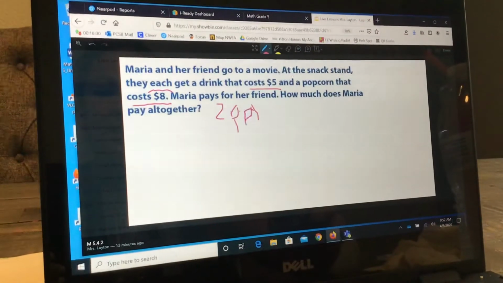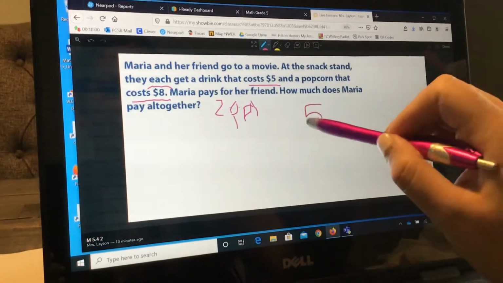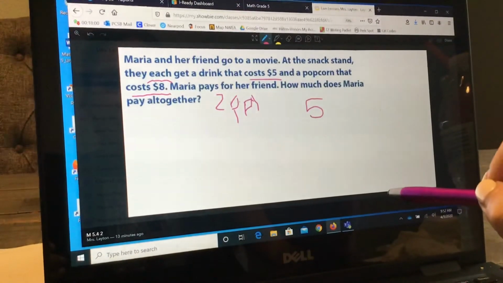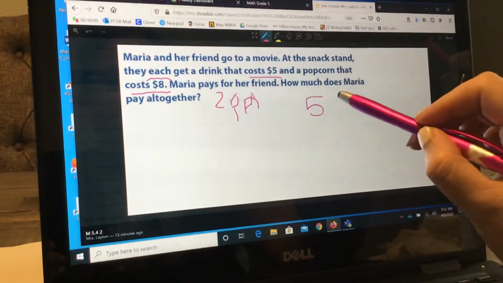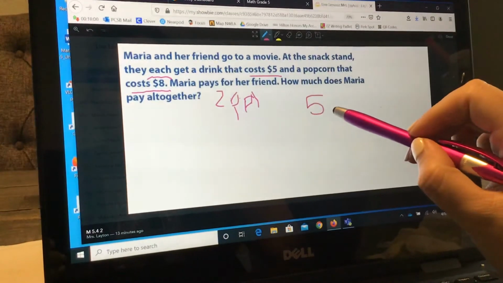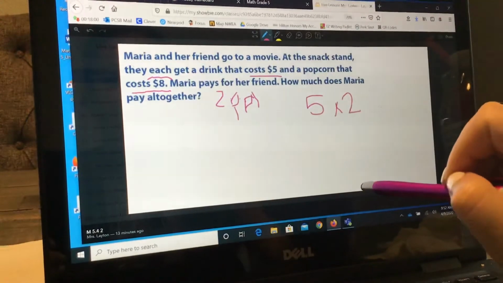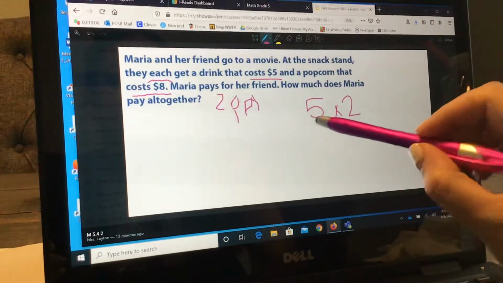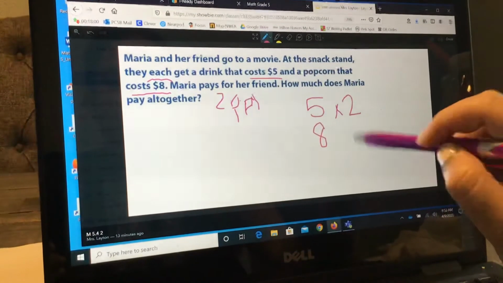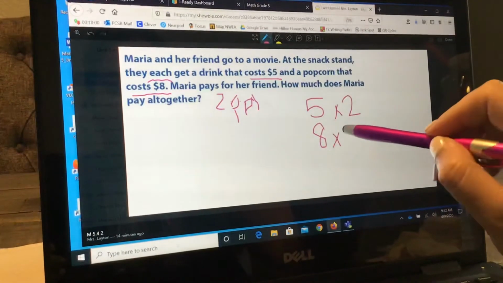So Maria gets a $5, right, drink, and so does her friend. So technically, we know that we have to do 5, right, 2 times. And they got a popcorn, each of them, $8 for popcorn 2 times.